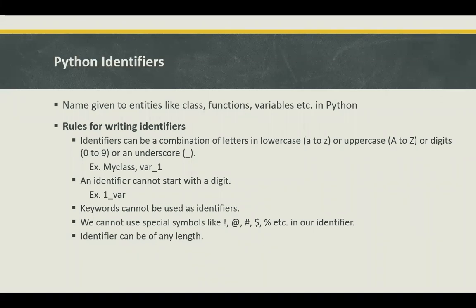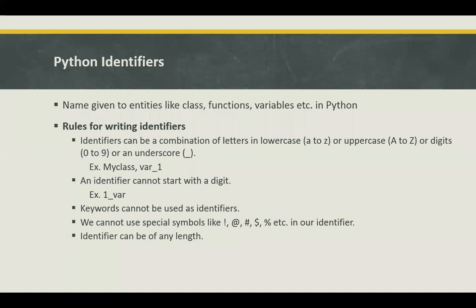An identifier can be a combination of letters in lowercase or uppercase, digits, or an underscore. So Python allows you to assign a name, and your name could be a combination of lowercase, uppercase, digit, or underscore.